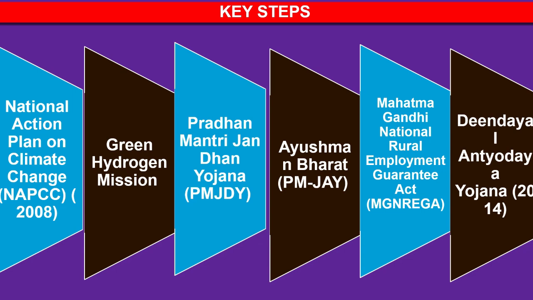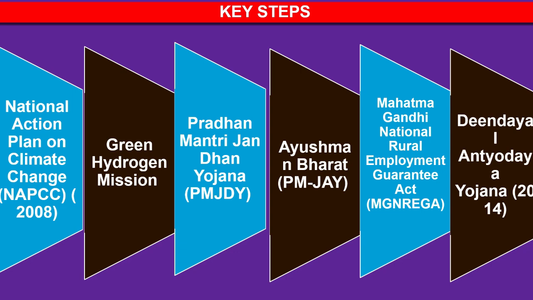Pradhan Mantri Jan Dhan Yojana provides banking access to the unbanked population to enhance financial support, and Pradhan Mantri Ayushman Bharat provides health coverage to 500 million people to ensure access to quality healthcare, and the Mahatma Gandhi National Rural Employment Guarantee Scheme.